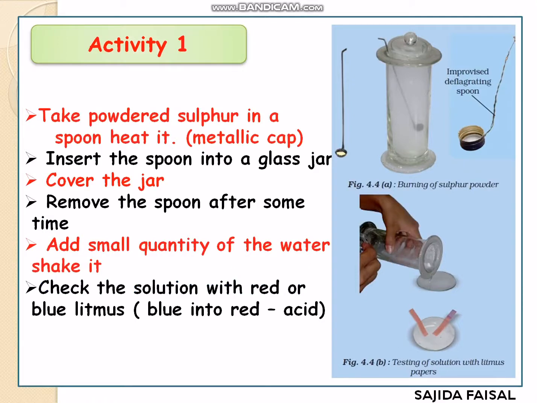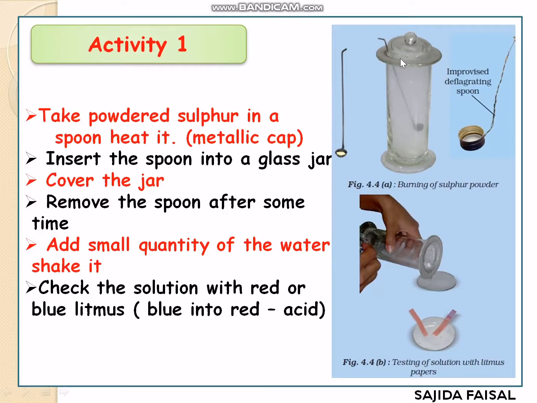How can we check that? The activity: first, take powdered sulfur in a metallic cap, or a spoon, connected with a string. Put the sulfur powder in the metallic cap. Heat it, then insert the spoon into the glass jar and close the jar.